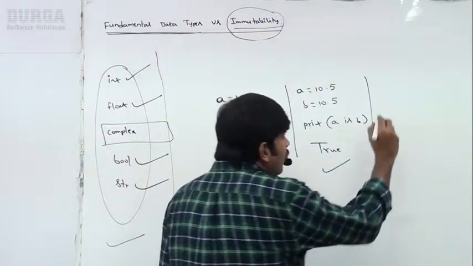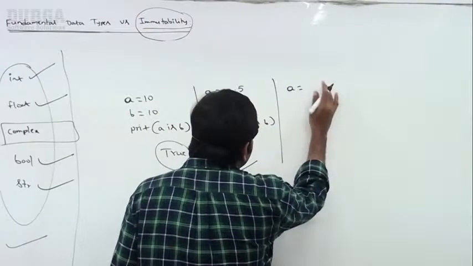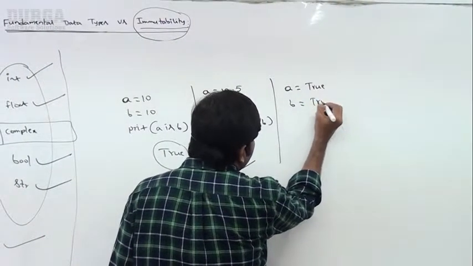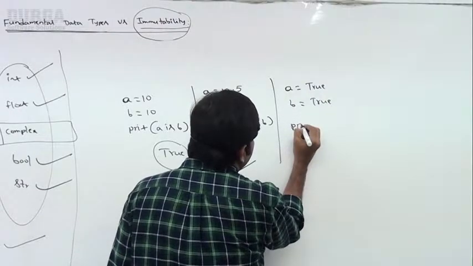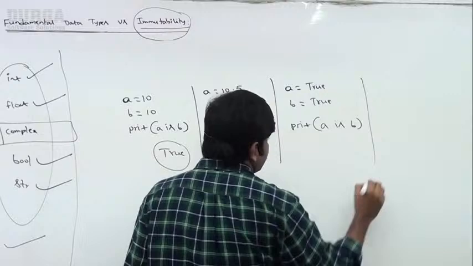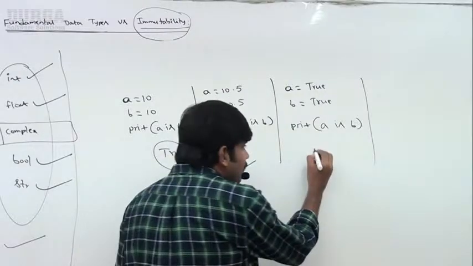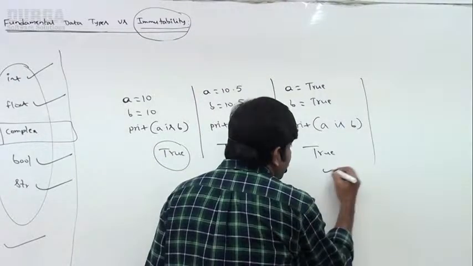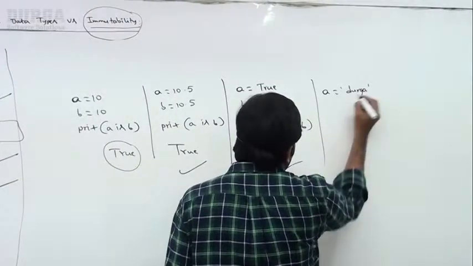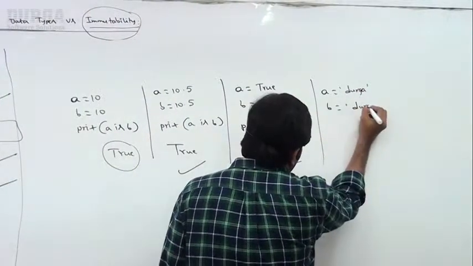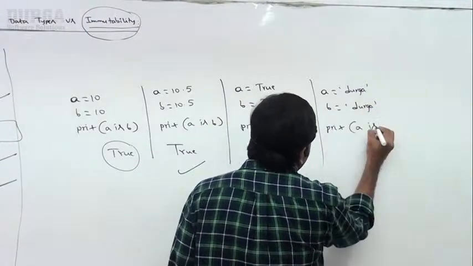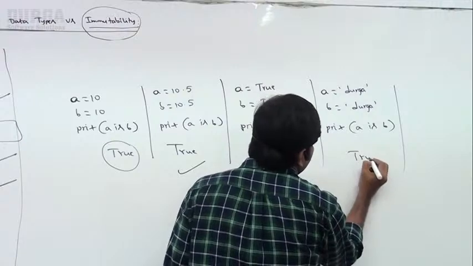True, sir. Now a = True, b = True, print(a is b). What is the answer? True. Yes, we already executed all these things. Next, a = "Durga", b = "Durga", print(a is b). True is the answer.